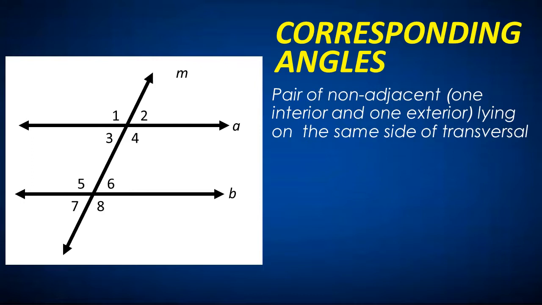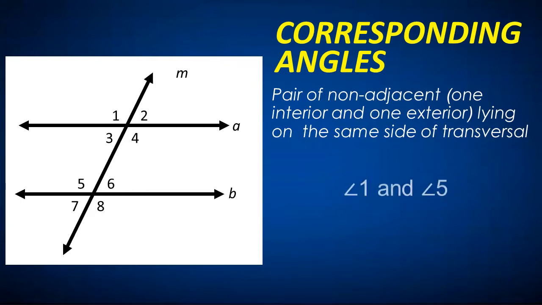So one must be interior and one must be exterior, lying on the same side of the transversal. So again, we have pairs. Pair na isang interior, isang exterior, hindi dapat sila magkatabi. They must be non-adjacent and they must lie on the same side of the transversal.